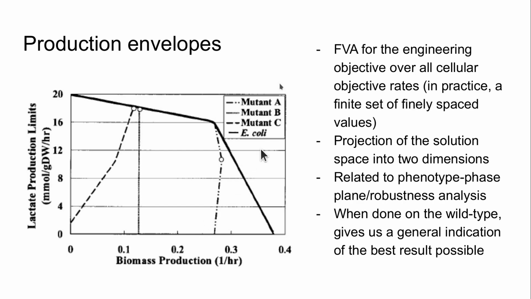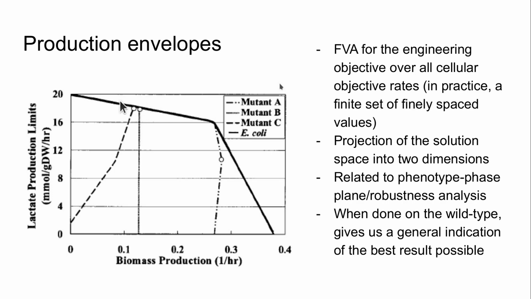And these production envelopes have various uses. The first is that it allows us to see, for the optimal solution, whether the optimal solution forces production of the engineering objective.